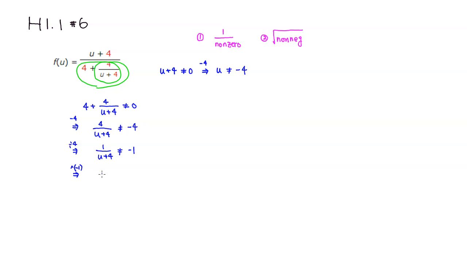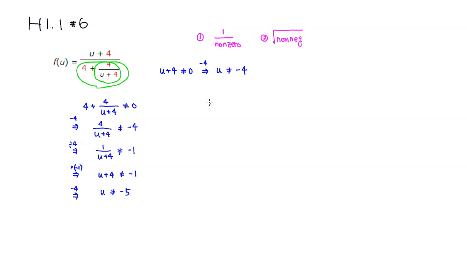So u plus 4, and the reciprocal of negative 1 is 1 over negative 1, which is still negative 1. So we can't have negative 1 there. The last thing is to get rid of the 4 by subtracting 4. So u cannot be equal to negative 1 minus 4, which is negative 5. So we have to exclude negative 5 as well.